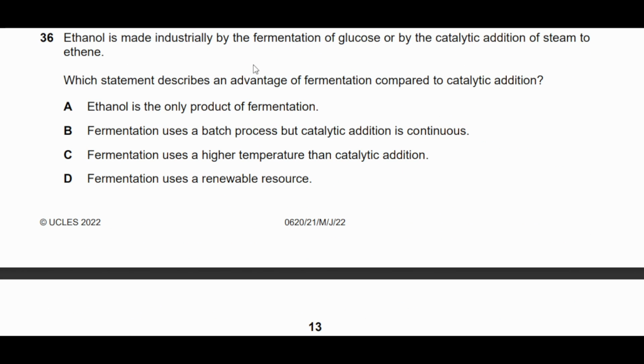Ethanol is made industrially by the fermentation of glucose or by the catalytic addition of steam to ethene. Which statement describes an advantage of fermentation compared to catalytic addition? Ethanol is the only product in fermentation. That is definitely not correct. Ethanol will only be the product in addition of steam to ethene. Fermentation uses a batch process, but catalytic addition is continuous.